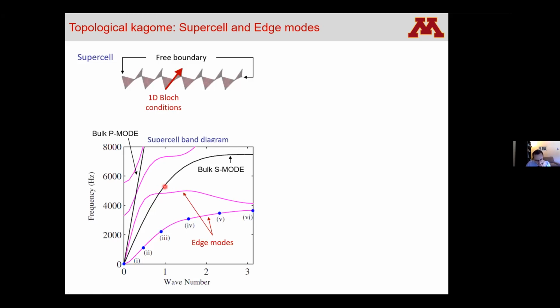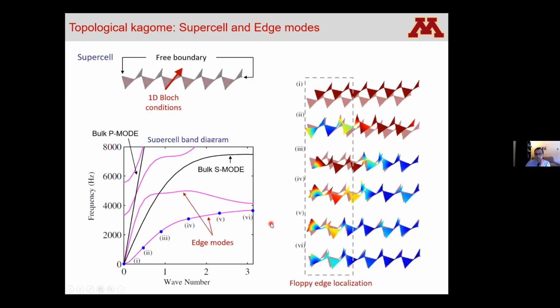Now I focus my attention on these two lowest frequency supercell modes. And I'm interested to understand what kind of mechanisms of the supercell they activate. To do that, I'm going to look at the eigenvectors corresponding to the six eigenvalues marked by the blue dots. And these are representations of the eigenvectors, so the supercell modes.